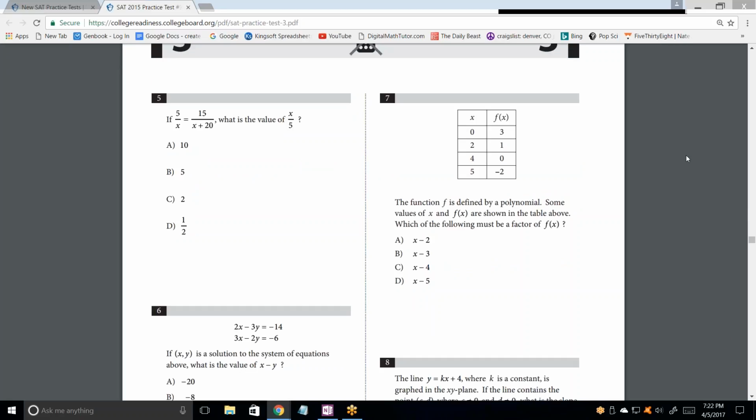But verse 7. Okay. The functions. What? It took me a while to figure it out.